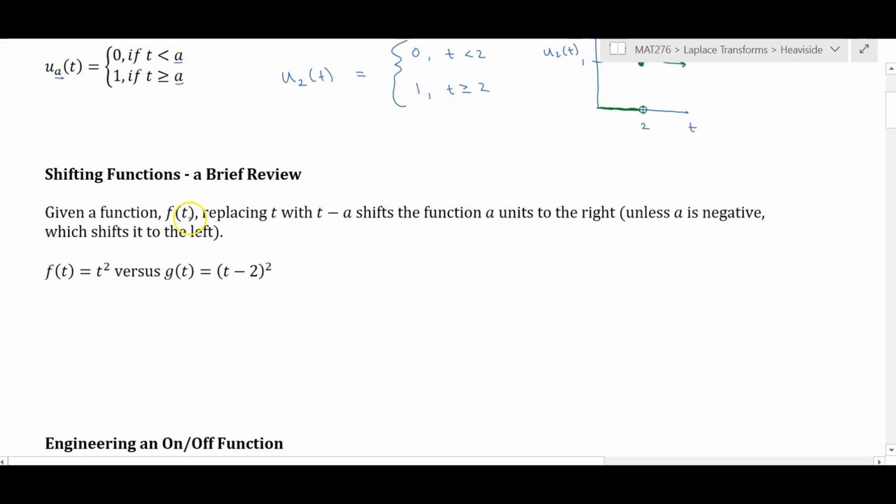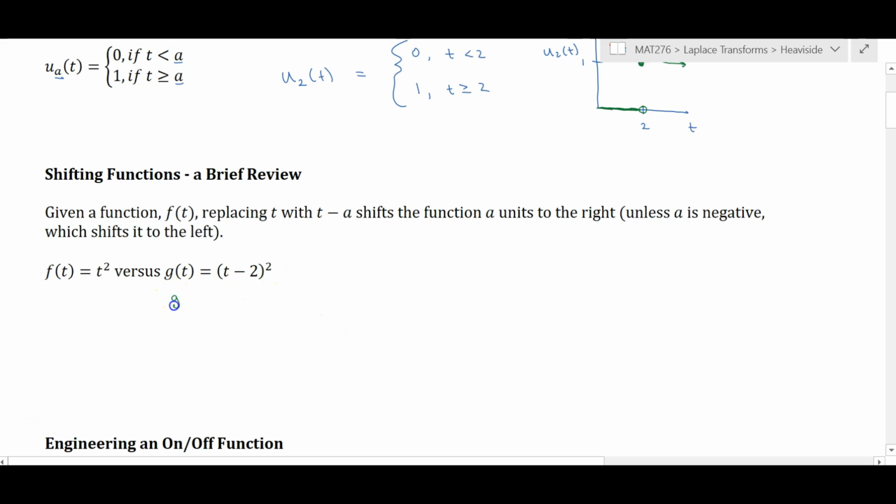So recall that if you have a function, f of t, and you replace the input t with t minus a, that shifts the function a units to the right. If a itself is negative, then you get t minus a negative, which would be t plus something, and that would shift the graph to the left in the opposite direction. So here, take a look at these two functions. We have f of t equals t squared, g of t equals t minus 2 quantity squared.